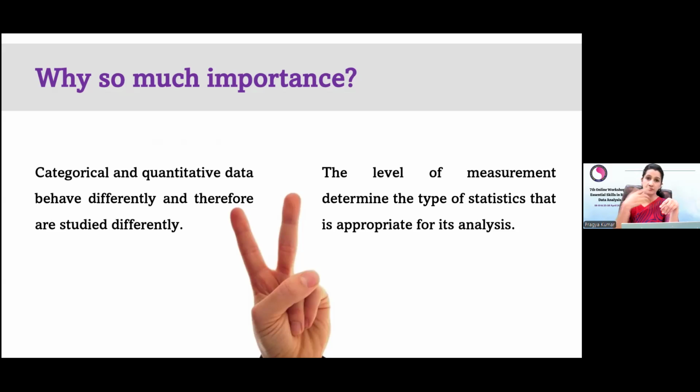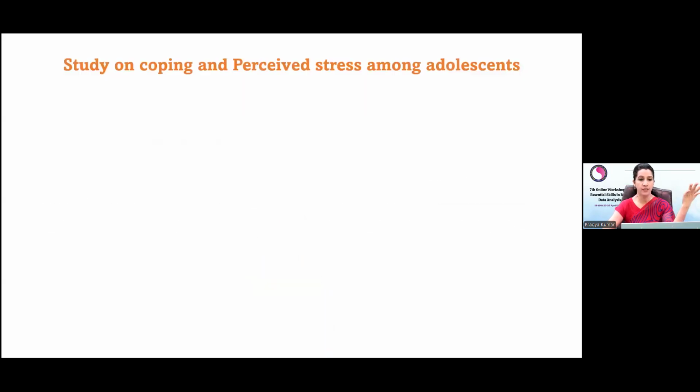You will see assumptions also. In all these analyses, we'll study the assumptions. So the nature of the data tells you what type of analysis needs to be performed. That's why it is important to know the inherent nature of variable, the type of measurement scale.